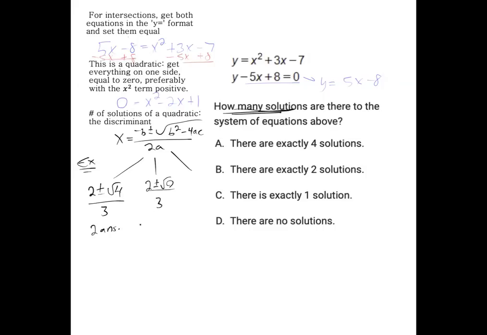So that's 1 answer. And if you had a negative under the radical, you'd get no solutions, because you can't have a negative under a radical in the world of math. So that's what you're supposed to do for the discriminant.